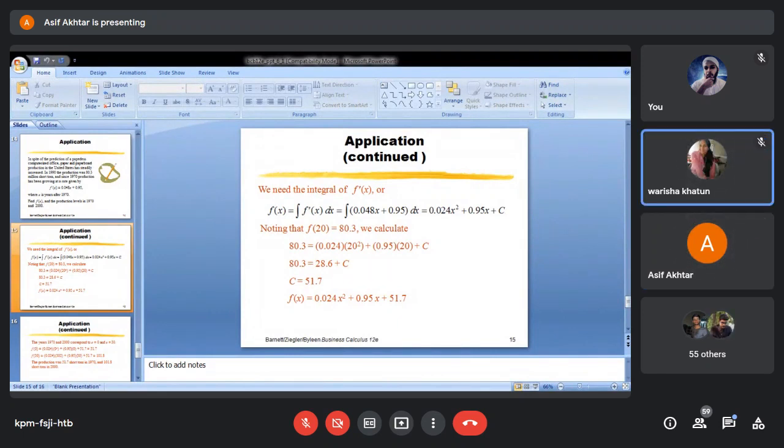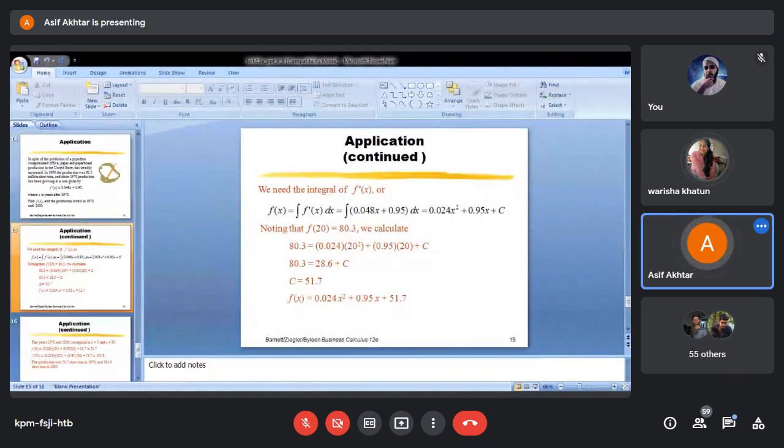Then 0.95, which is constant. It will become 0.95x. And then it is followed by a constant c. Is the integration clear to all of you? Yes, sir. I'm going back to the slide.